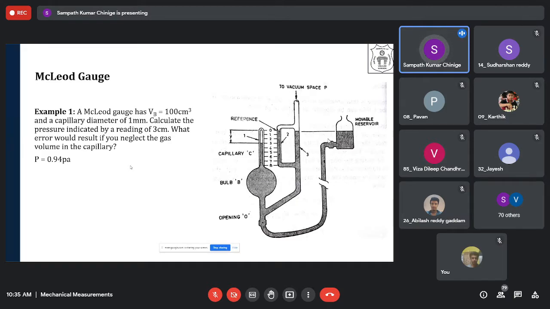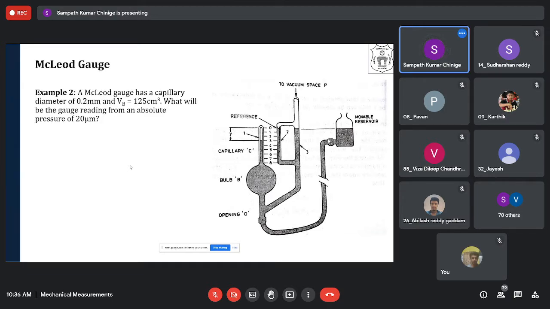AH squared, the area is pi by 4 d squared, the area of the capillary, with the diameter converted into centimeters, then AH squared divided by V1, that is 100 cubic centimeters, minus AH, you have to put, and another one without AH you will put. So first find the pressure with AH, and then find the error without subtracting AH. That will give you the basic understanding.